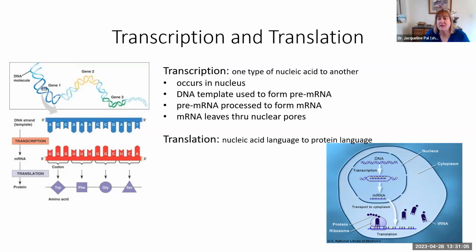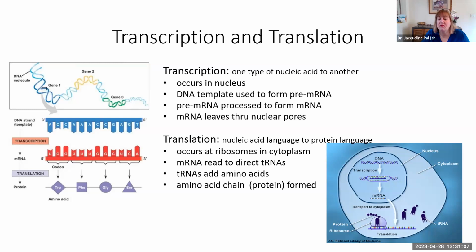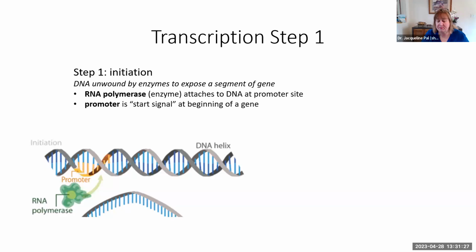And in the cytosol is where the ribosomes are located, and the messenger RNA will attach to it, and it will be read, and the correct transfer RNA attaches the amino acids, and this is where the protein chain is going to be formed. So let's go through these steps in much greater detail, starting with transcription.